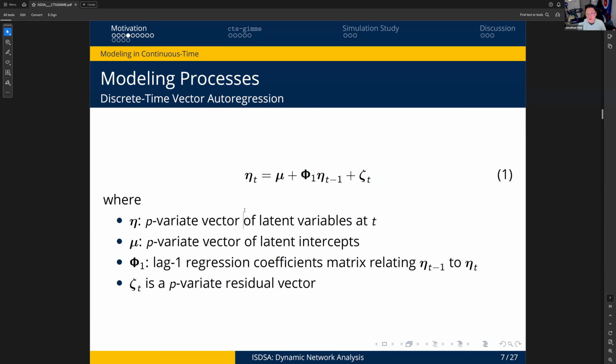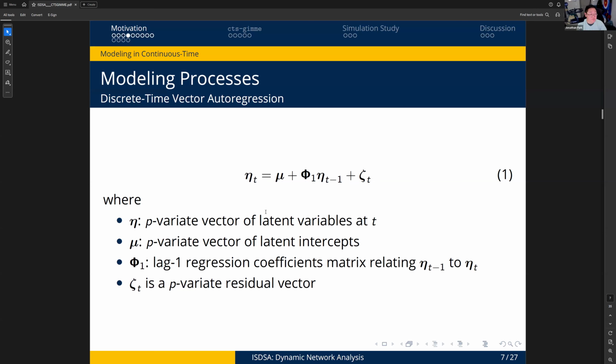So as long as you're familiar with linear regression, you can make the adjustment and pick up: okay, this is just saying how do my variables right now get predicted by my variables some arbitrary lag ago. And in psychology, particularly, our applications generally reduce down to lag one. So you'll see this most often where it's eta at t being predicted by eta at t minus one.